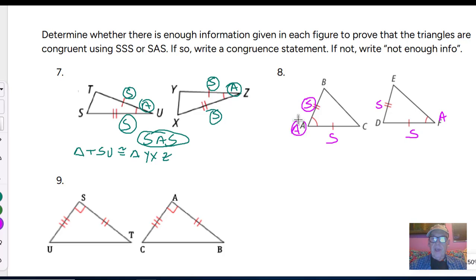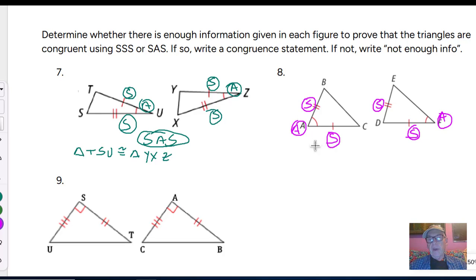We've got SAS pattern in the left-hand triangle, but in the right-hand triangle we actually have SSA. To be SAS, this D would have to be the hinge between the two S's, just like this A is the hinge there. Or if it was going the other way and we had EF as congruent, then we would have SAS.